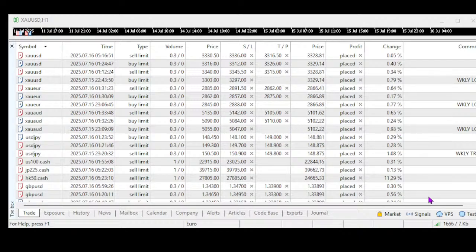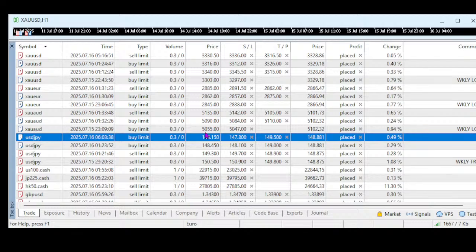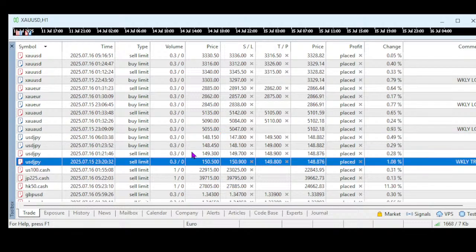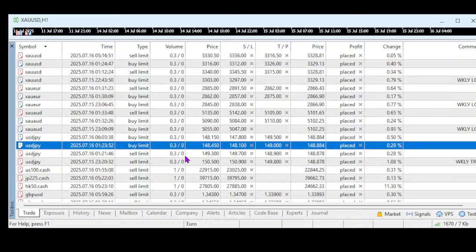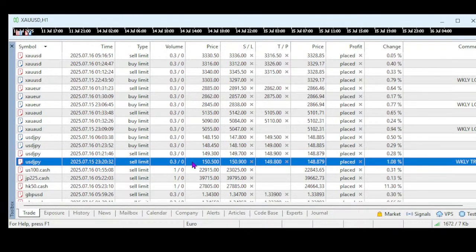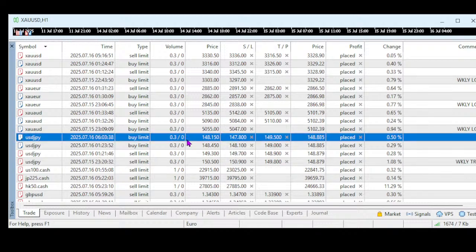Okay, so this is a day trading order. So we have 4 orders for dollar yen. Okay, one is a scalping buy, scalping sell, which is these two, 148.45 and 149.30. Then this is a weekly sell and a daily buy. Okay, so we have 4 orders. So I think that is also good to go.